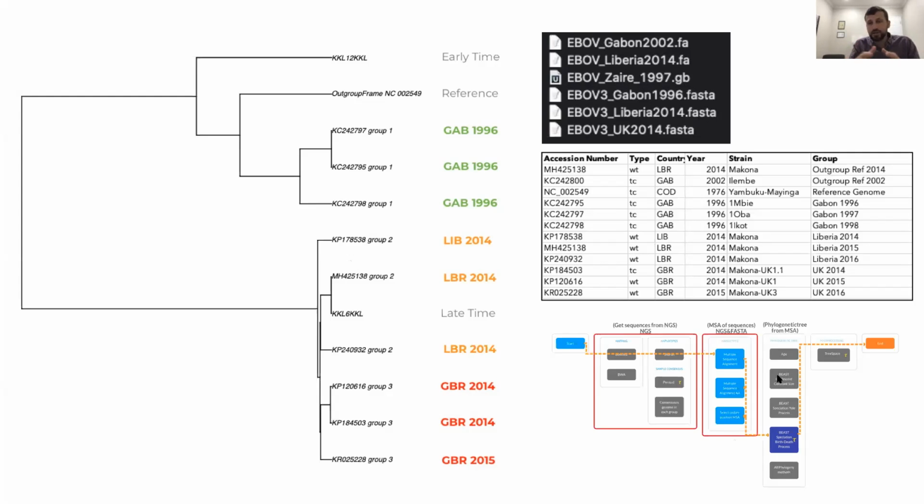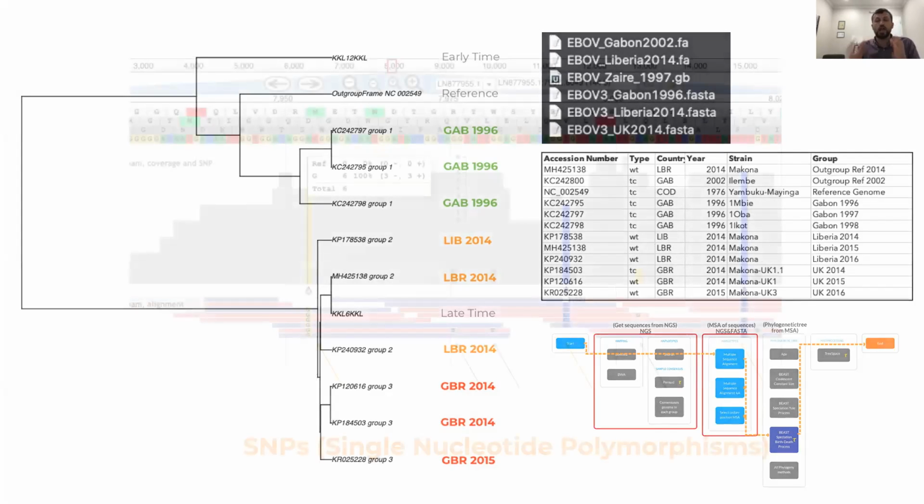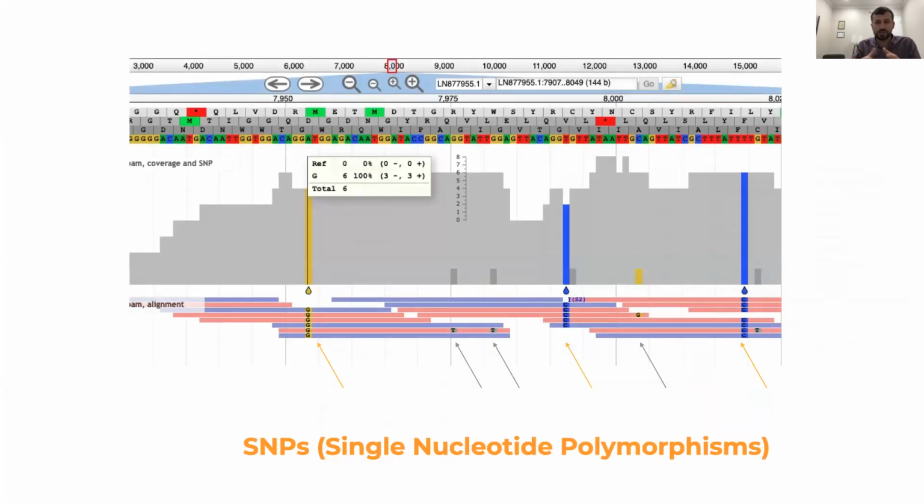Sometimes we're not interested in the relationship itself, but we are interested in a particular change, a polymorphism in the case of a population, or a variant in the case of a specific genome, and that mutation or change can characterize a particular group of samples or an individual sample.